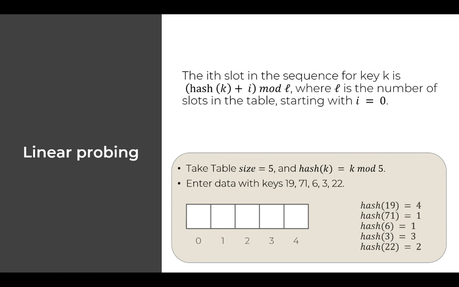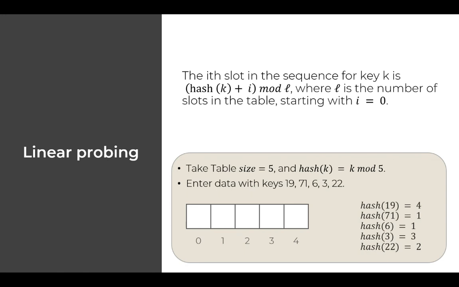Let's look at this example on the table given below. We've got 5 elements here, and h(k) is equal to k modulo 5. We want to enter the data with keys 19, 71, 6, 3, and 22. So we need to compute the hash value for each key, and they are given over here.